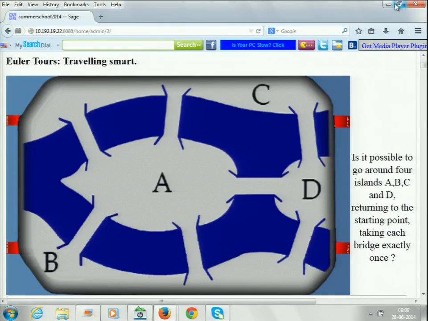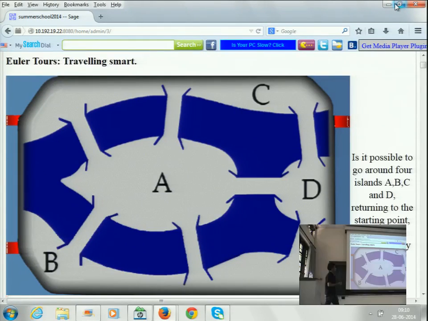Euler asked: you have a hotel over here, maybe A. Can you start at A, take all the bridges exactly once, and return to the starting point? That's what we wanted to know.